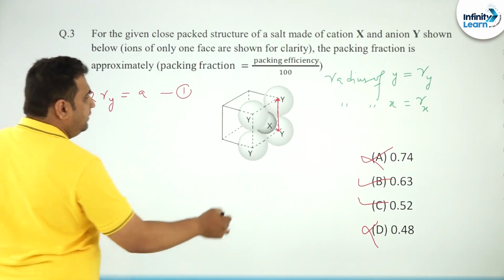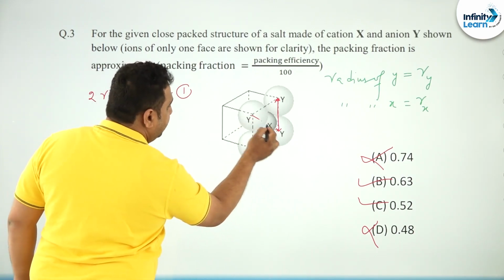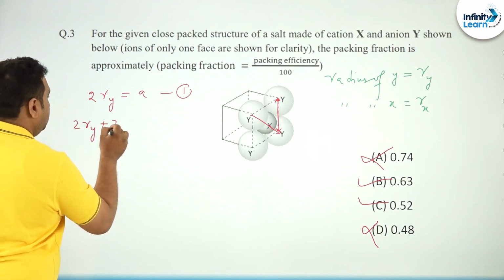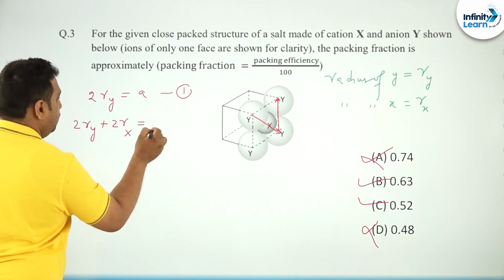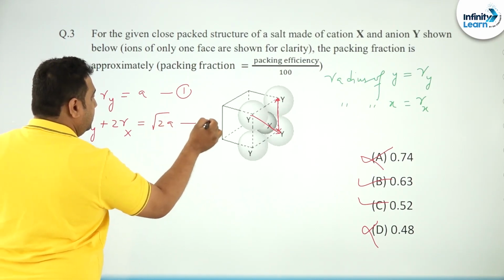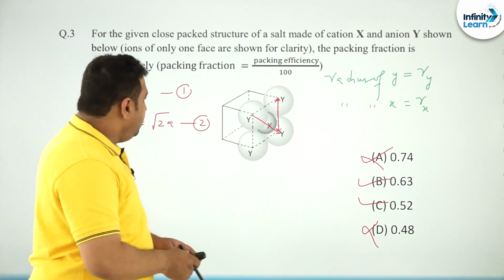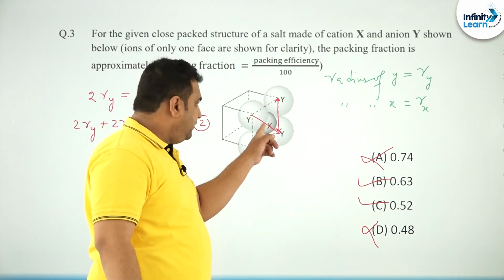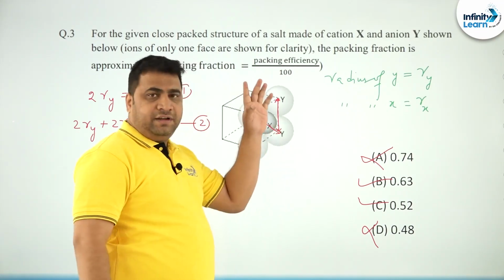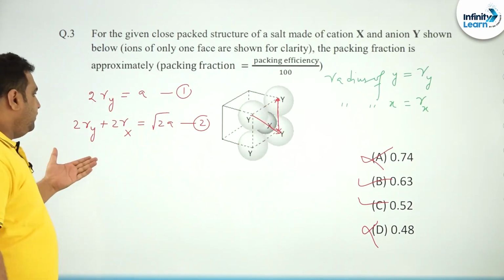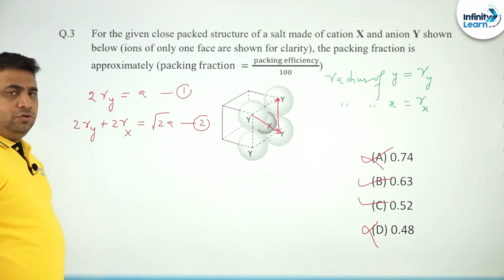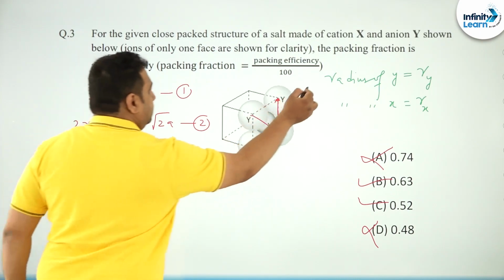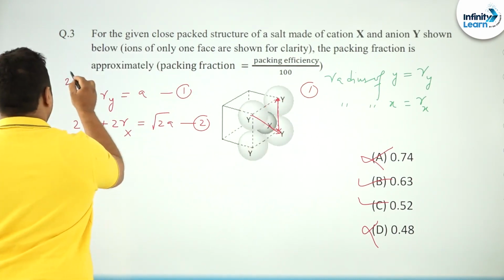Then what is the diagonal side? 2 times the radius of y plus 2 times the radius of x is equal to root 2a, correct, equation number 2. Because here you can see half y, then full x, then another half y. So, 2 ry plus 2 rx is equal to root 2a diagonal. This is point 1, this is point 2.